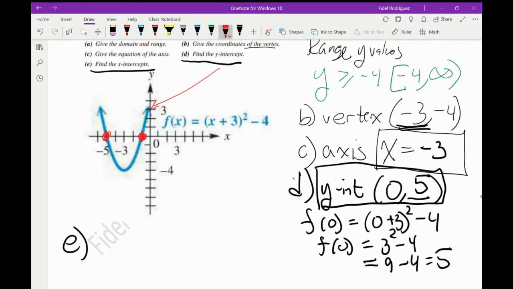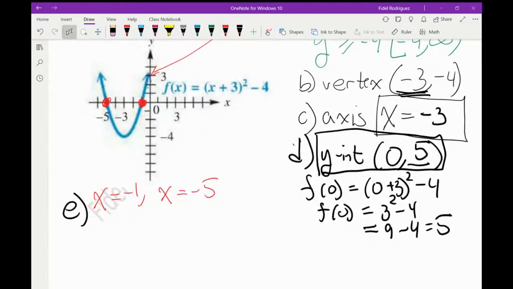Well, this value here looks to be -1, and this one appears to be -5. So when x is -1, and when x is -5. Now, it's probably going to ask me to write them as points, okay? So remember, as a point, each of these are going to be -1 and 0, and -5 and 0, because those would be the coordinates of those points.